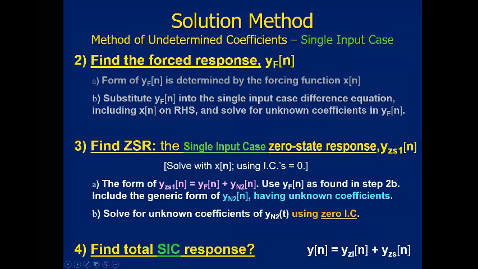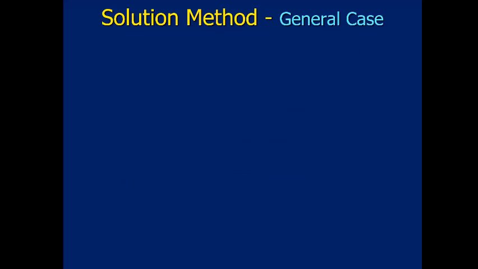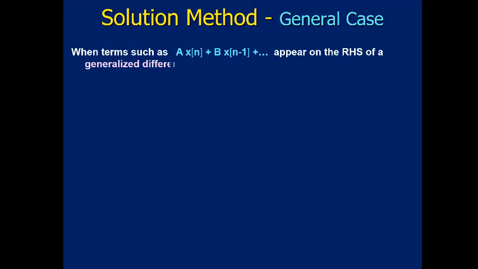Now, if we wanted the total single input case response, we would add those two pieces, but that's not what we're after. We want the solution of the original difference equation, that general case equation. And here's how we do that.